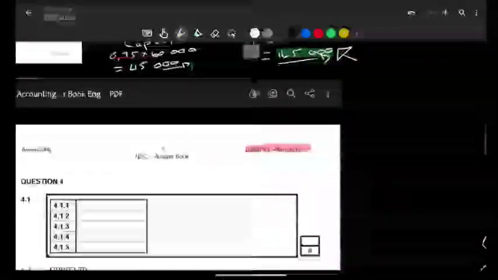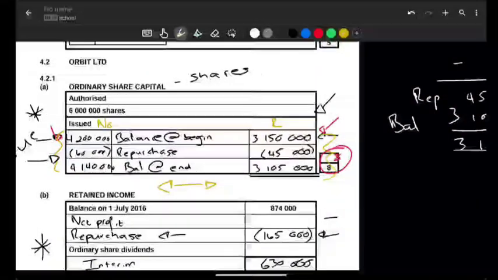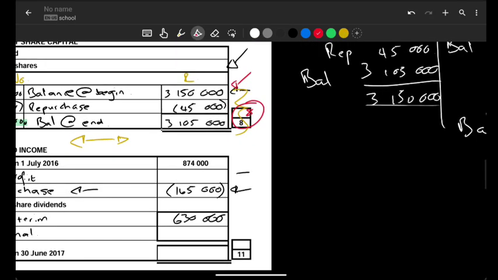But now we're going to calculate based on the new balance of shares. So what is our new balance of shares? Be sure to take your 4,140,000 and not instead your 4,200,000, right? That's why the timeline matters, for you to understand when things happen in your books.